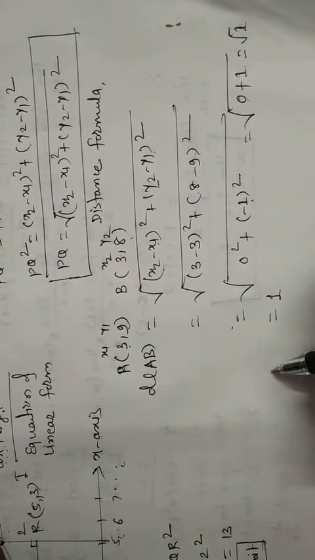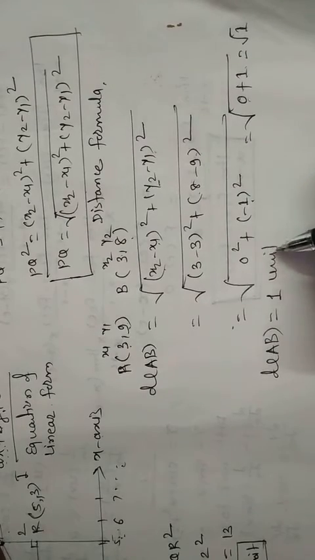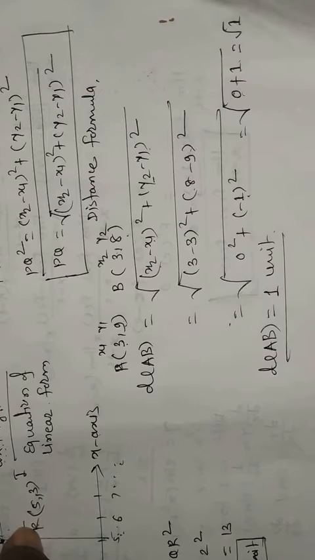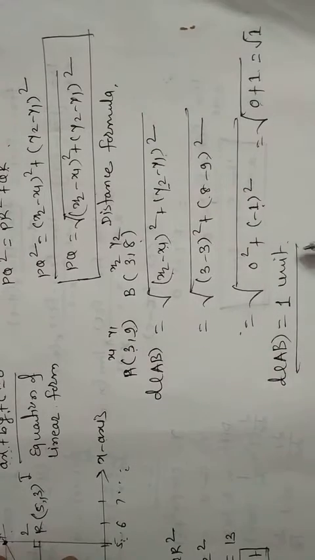Under root of 1 is 1. So the distance of AB is 1 unit. It is very simple to understand. Is it? Yes. So you can solve many examples using this distance formula.